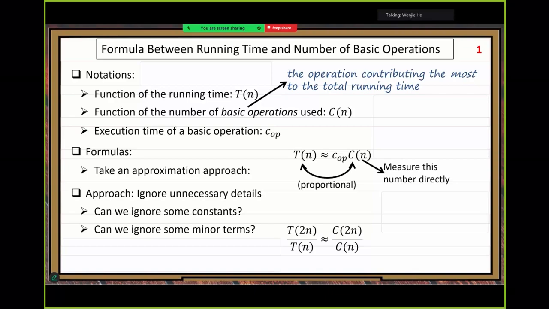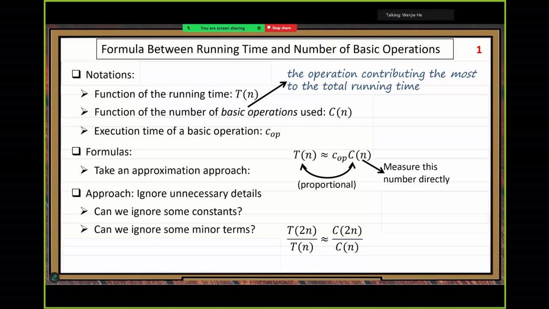Then we just use the stable version, the C version. We do not need to use the unstable version, the T version. The stable version can give us the same increasing rate as the execution time way.